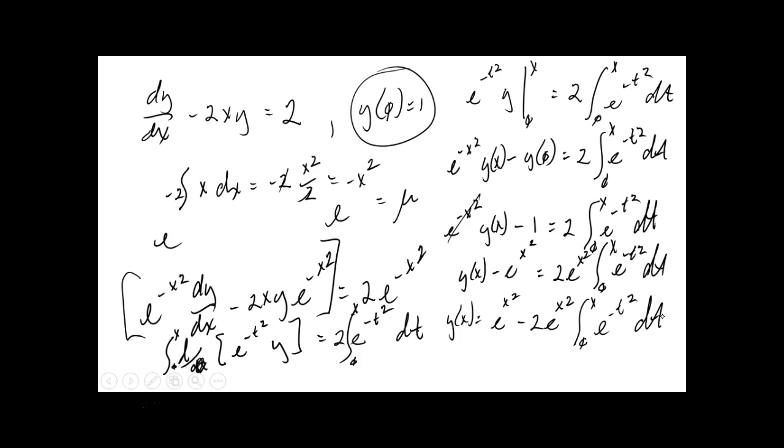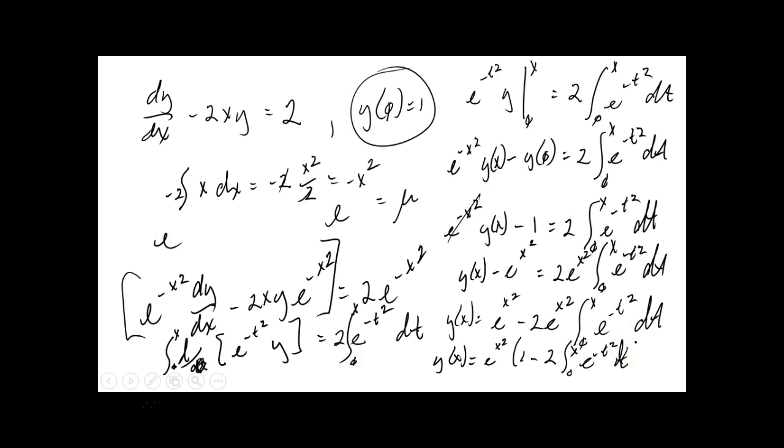Now they factor out the e to the x squared, and that leaves us y of x equal to e to the x squared times 1 minus 2 times this integral, 0 to x of e to the minus t squared dt.